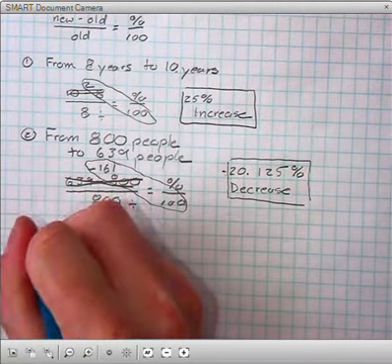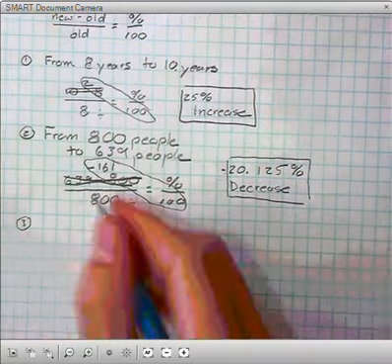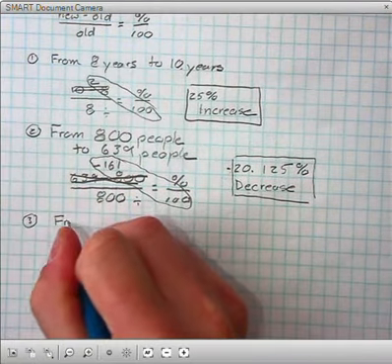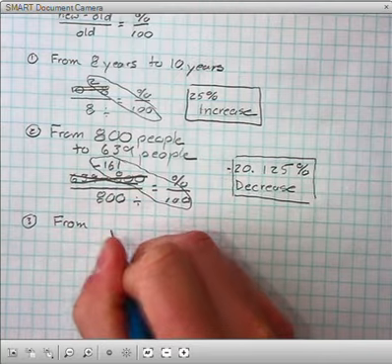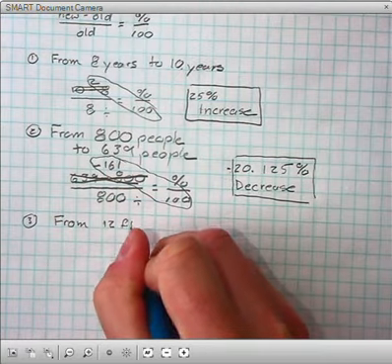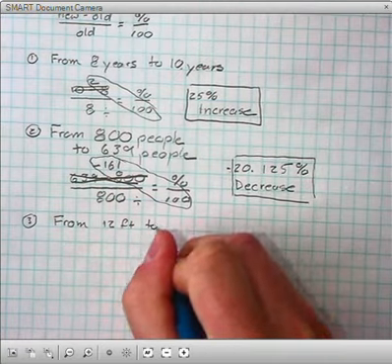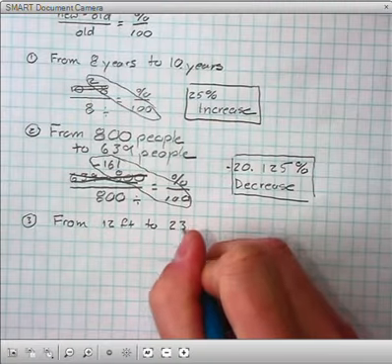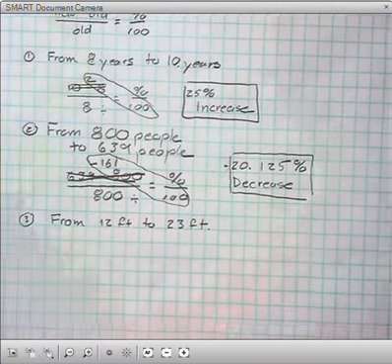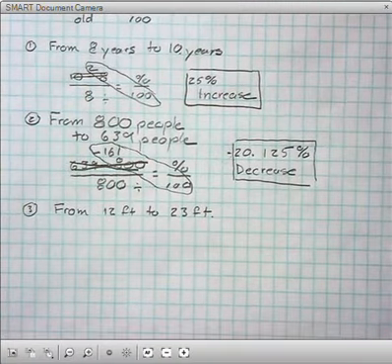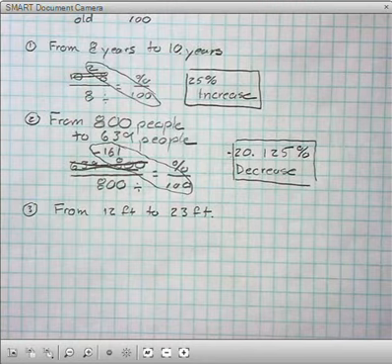For number 3, try this one on your own. You're going from 12 feet to 23 feet. Find the percent of change.